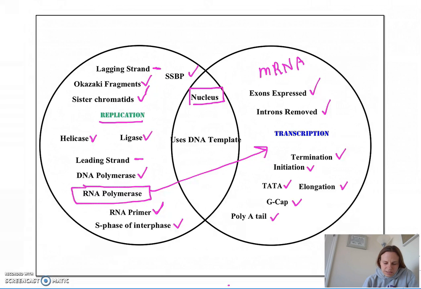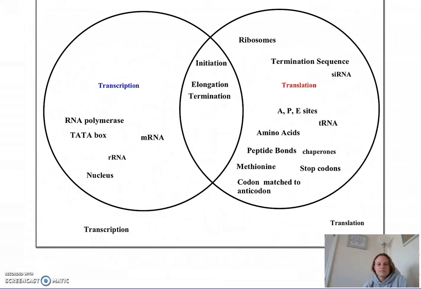Both of these processes use a DNA template. Replication uses that DNA template to create a new strand of DNA, and transcription uses that DNA template to transcribe DNA into messenger. So now let's compare transcription and translation.